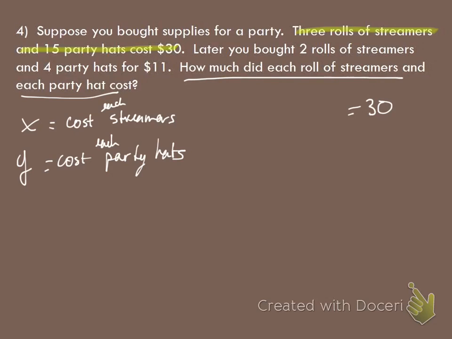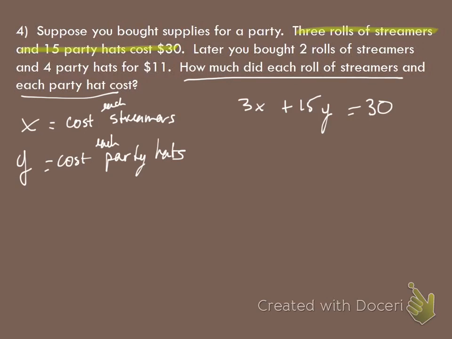Well, in order to come up with that total, you'd want to take the 3 streamers, the fact that you bought 3, and multiply it by the cost of each one. Well, that's what we let X be. So 3 times X is 3X. And then we want to take the cost of the party hats, which is Y, and multiply it by how many that you bought, which was 15. Right? So this is your first equation.